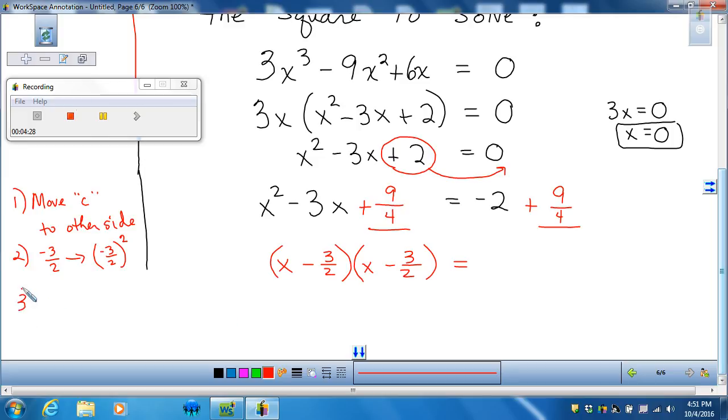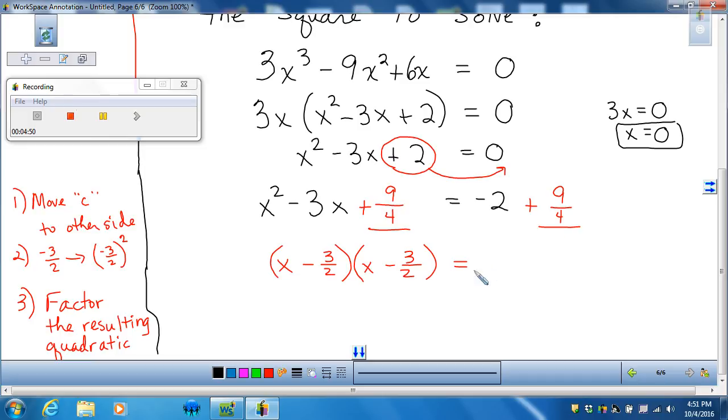Okay, now step number 3, factor the resulting quadratic. And then on the other side, I don't need to factor, I just need to combine like terms. So on the other side I've got negative 2 plus 9/4.